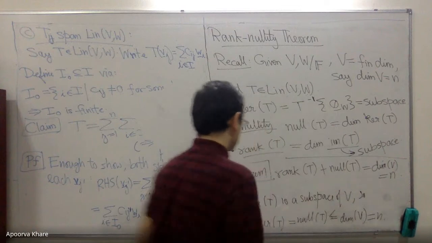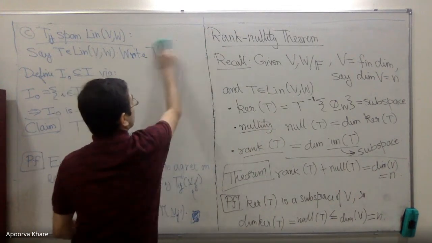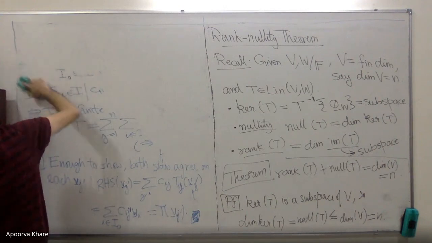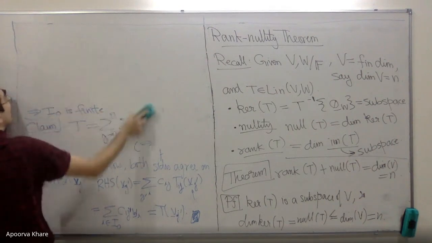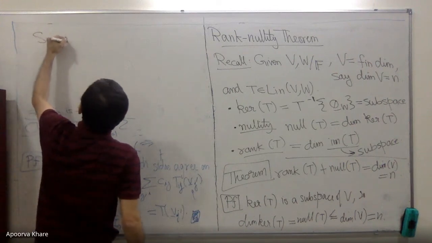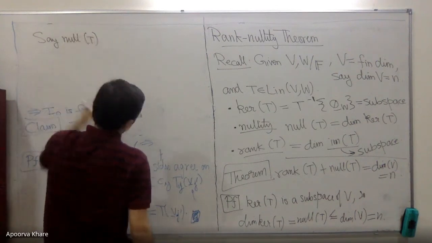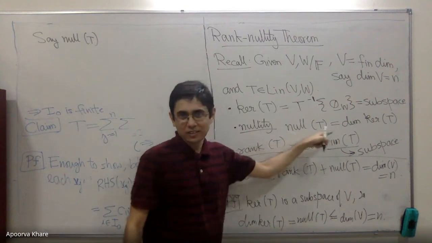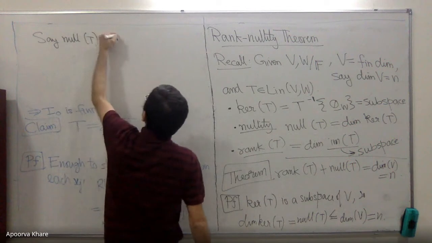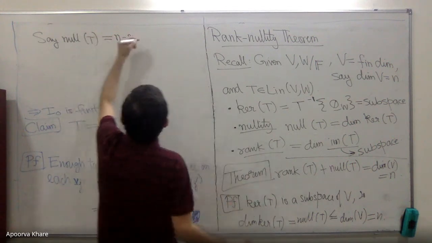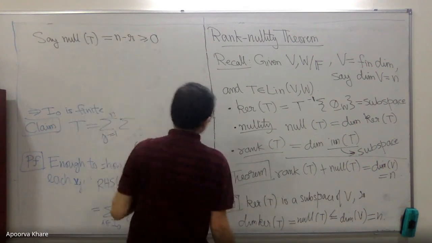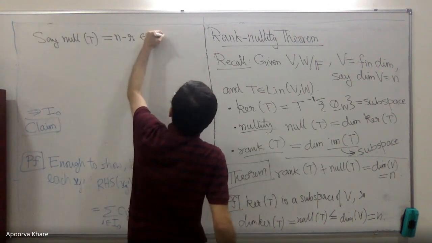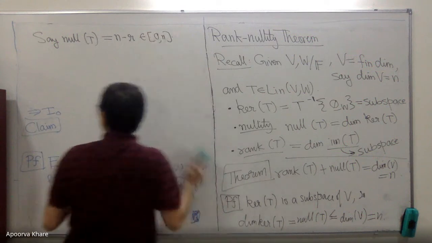Let us say that I am going to call the rank r, and if r plus the nullity equals n, then suppose that the nullity is n minus r. Of course, that is greater than or equal to 0 because it's a dimension, so it belongs to 0 through n. It's an integer.